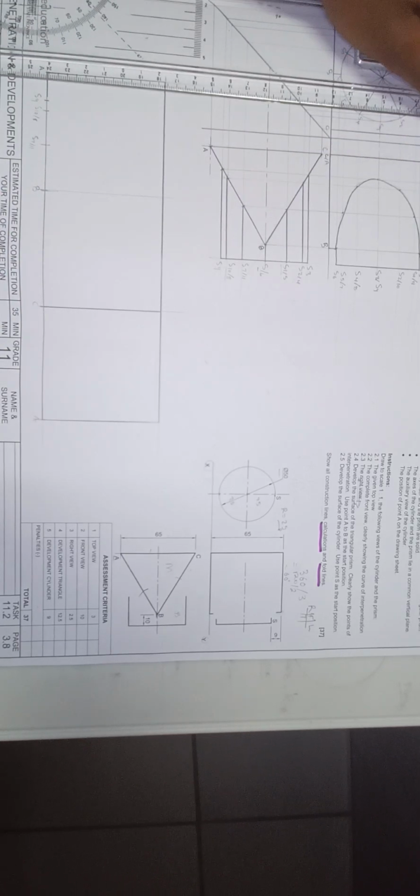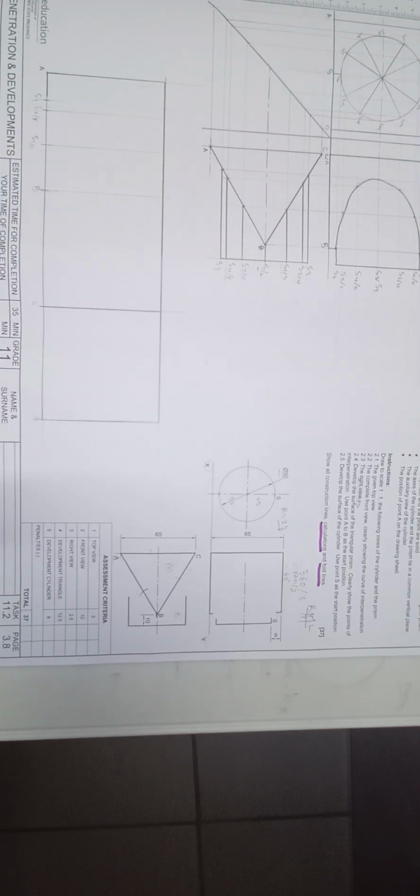Okay, so we're just going to do our vertical construction lines and determine our point of interpenetration here on our development. Okay, so coming here, how do we get our points of interpenetration? We can't get them on our top view. We'll need to get them from our front view.